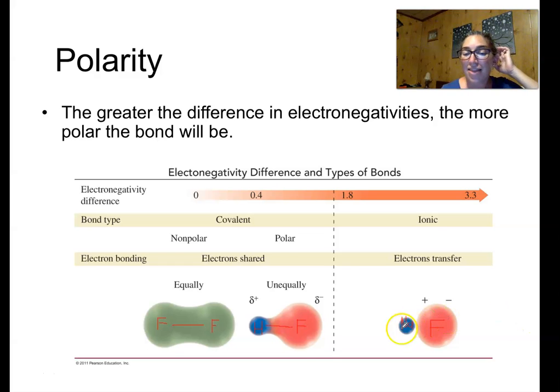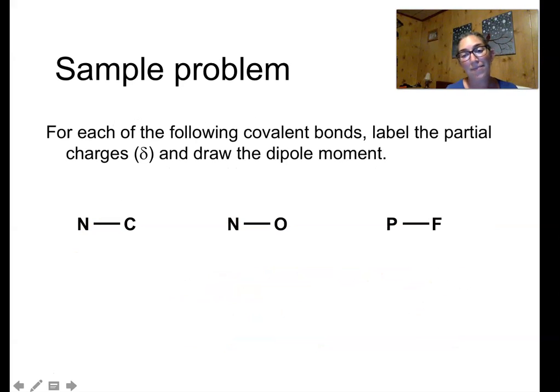I think it's a neat concept to think of that it's not really two separate covalent and ionic bonds, though we can talk about them, they're very different. But they both occur for the same reason. They both occur due to electronegativity differences and pull of atoms on electrons. As that pull gets greater and greater, the bond becomes more and more ionic. And as that pull becomes more even, the bond becomes more covalent.